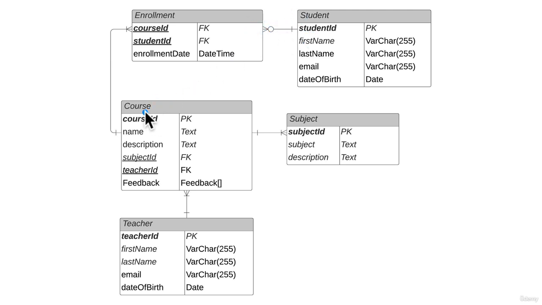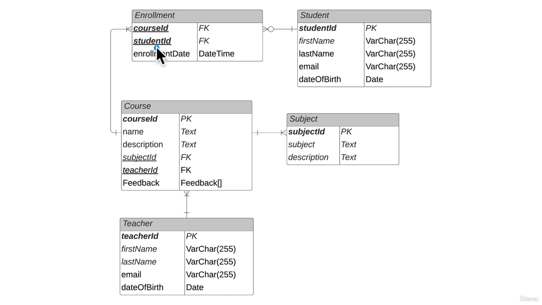And if we look at this, one course belongs to 1 or more enrollments, but an enrollment can only belong to one course. One specific enrollment can belong to one course. You can be enrolled as a student into multiple courses, but the enrollment itself can only belong to one course. You can be enrolled into multiple courses, but the concept of an enrollment can only belong to one specific course.